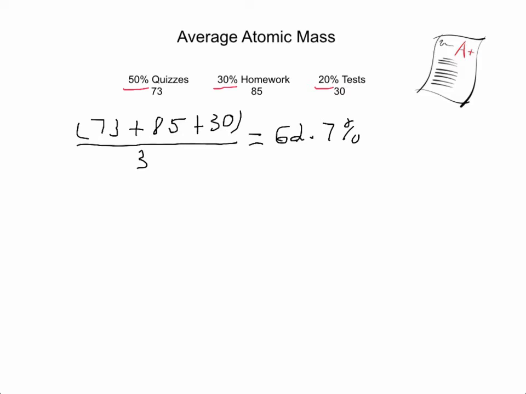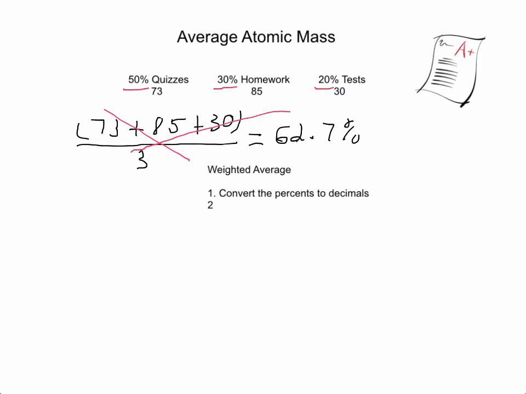Well, the way you do this is by doing a weighted average. To calculate a weighted average, there are several steps. First, convert the percents to decimals. And to do this, you move the decimal 2 places to the left.